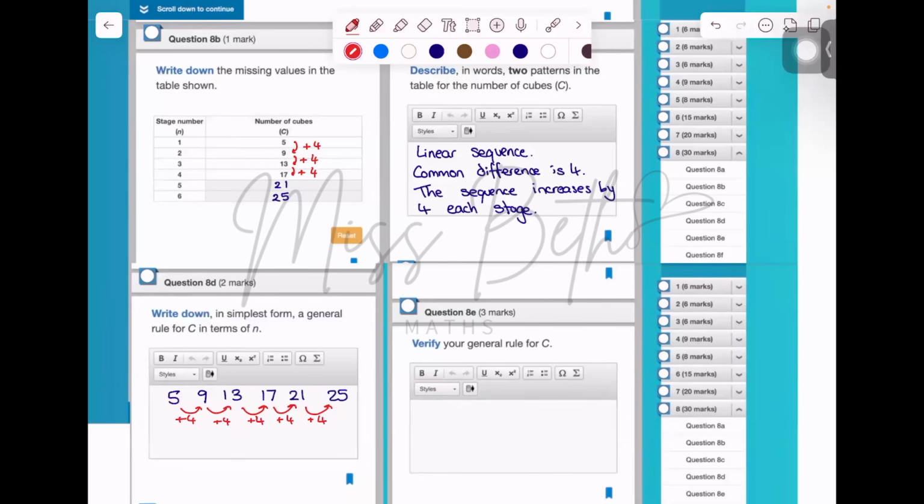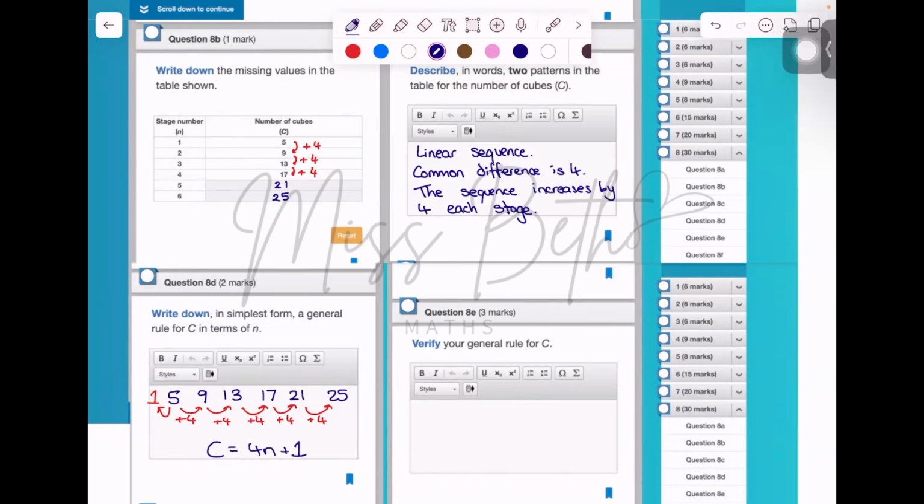That tells me that for this sequence, I know for sure that C is equal to 4n, but then I also need to check what would come before 5. If I subtract 4 off 5, I would get 1, just positive 1. So my rule is 4n plus 1.